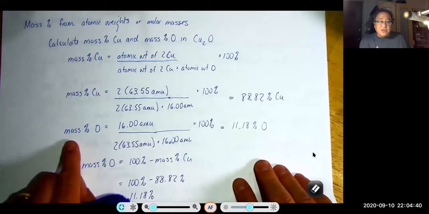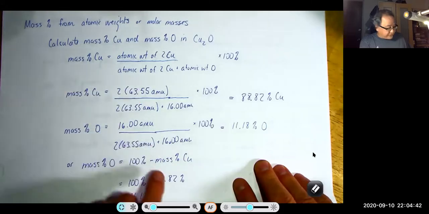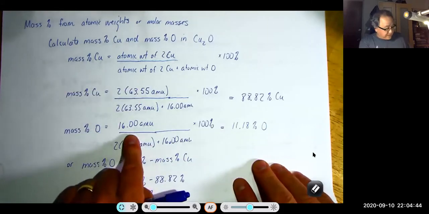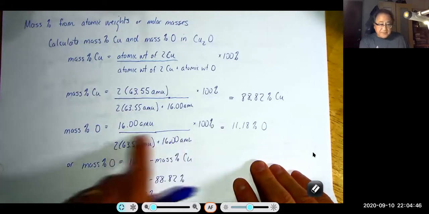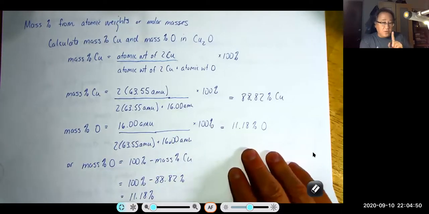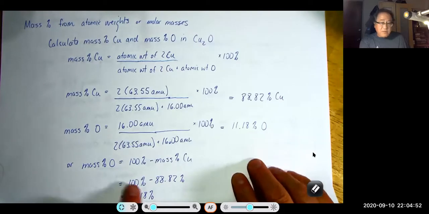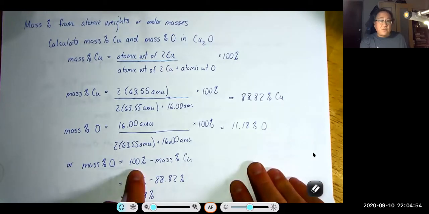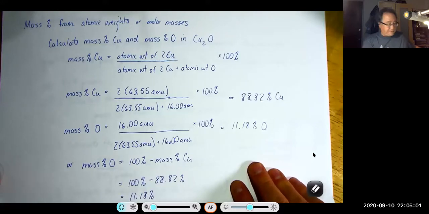Now, the mass percent oxygen we can find 2 ways. One is to take the mass of the oxygen divided by the mass of the substance times 100%, and here we get 11.18%, or we can simply say, well, the mass percent of oxygen should be 100% minus the mass percent copper. And here we also get 11.18%.